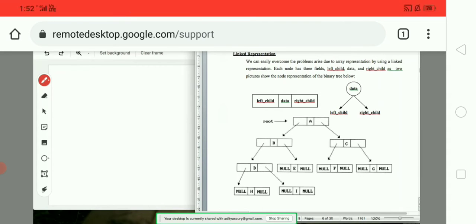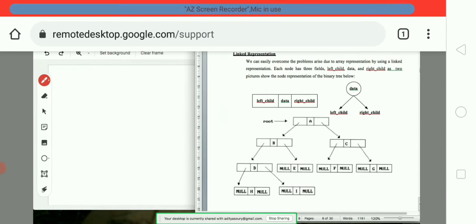On the left side we maintain the address of the left child node, in the center we maintain the data, and on the right side we maintain the address of the right node. Below the definition we can see the diagrams of linked representations.